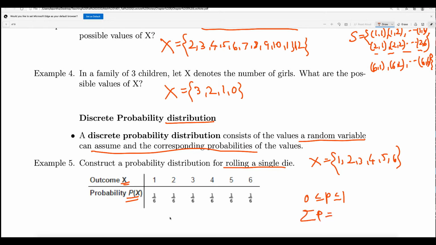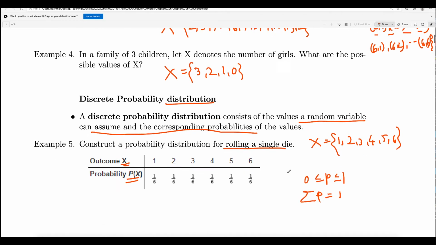Sum of the P's: 1/6 plus 1/6 is 2/6, 3/6, 4/6, 5/6, 6/6. That is, the sum of the probabilities will be 1. So these are basically the properties of the probability distribution. All these probabilities must be greater than 0, less than 1, and the sum of the probabilities of all values of X must be 1. Then it is a probability distribution.